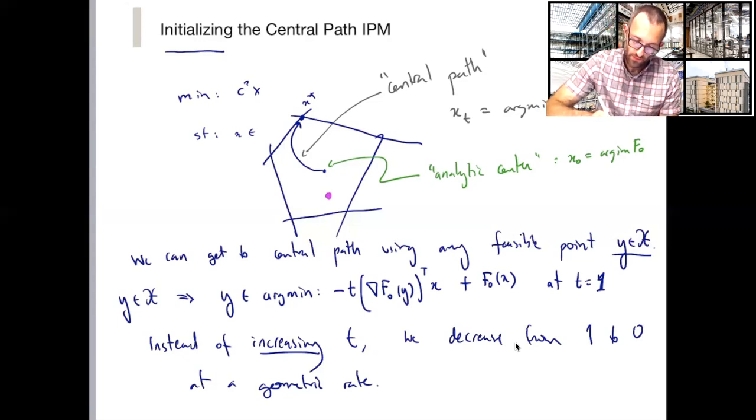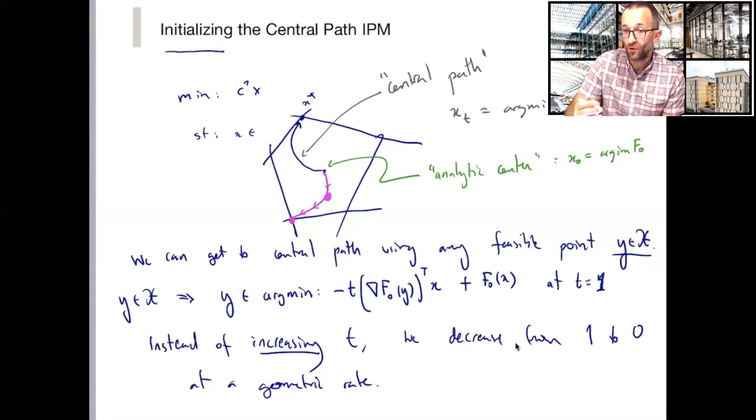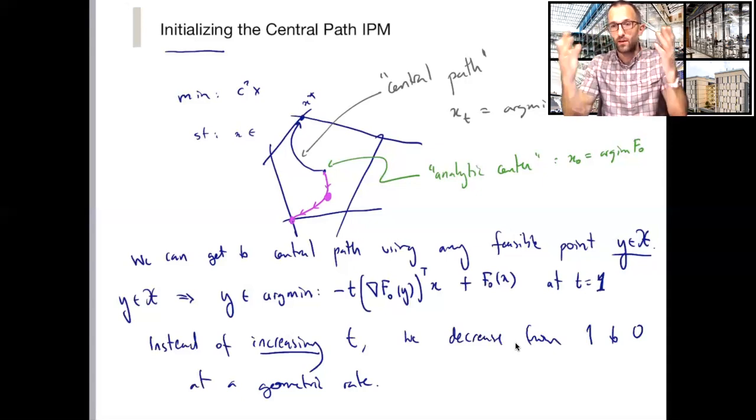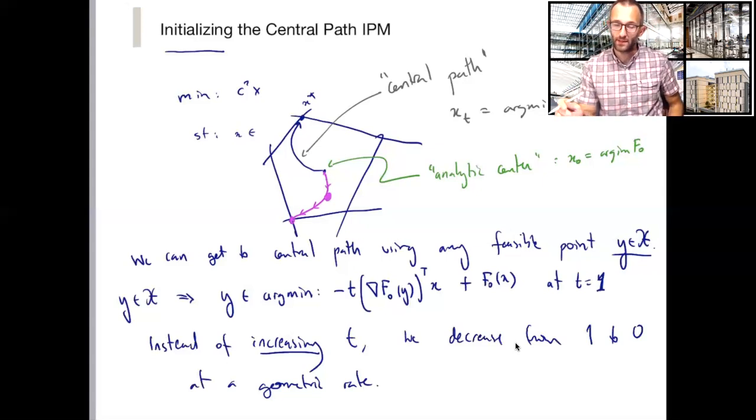The point we found is on the central path to this optimal solution, but we don't follow it in this direction, we follow it backwards. The key point is that we've used this trick to guarantee that we found something actually on the central path, and we follow it backwards and get very close to the analytic center.